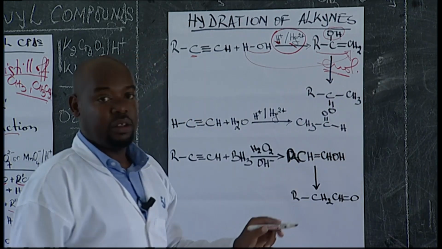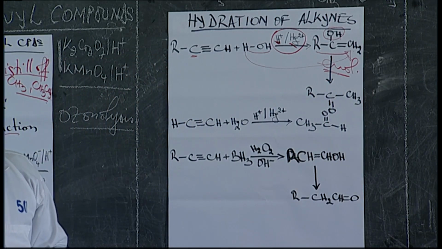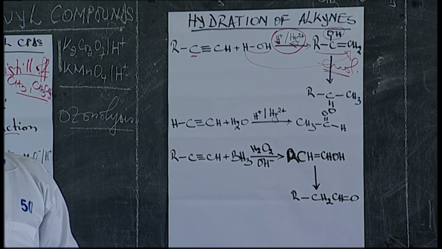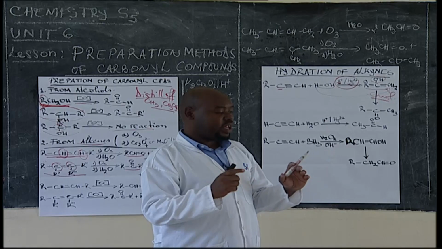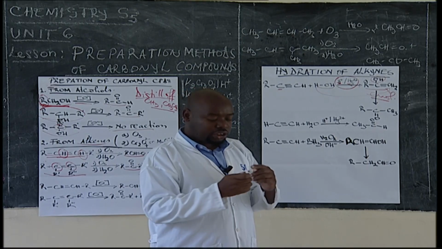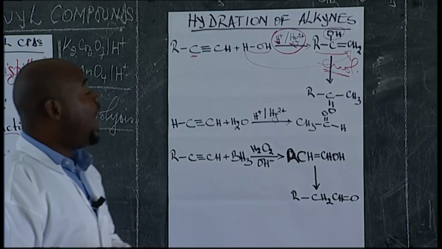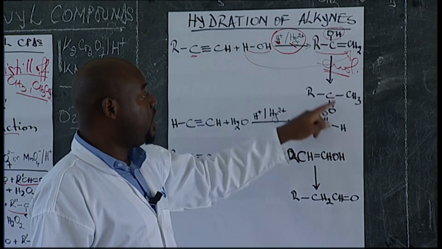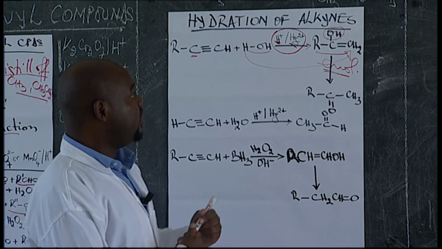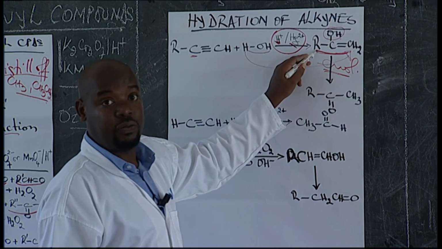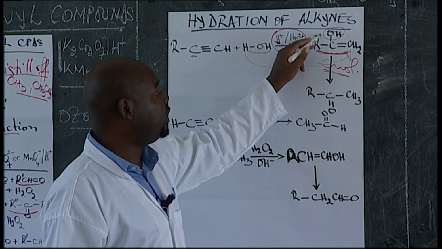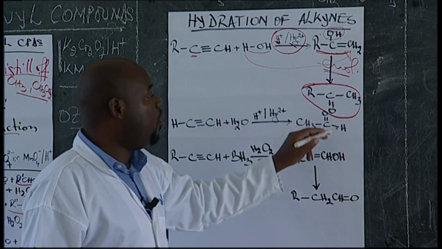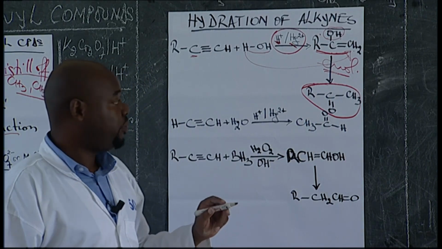Enol means what? It means that we have a double bond and an OH group. So it is a combination of the alkene and alcohol functional groups. And because it is less stable, being in equilibrium with this compound, it transforms itself into the more stable ketone.